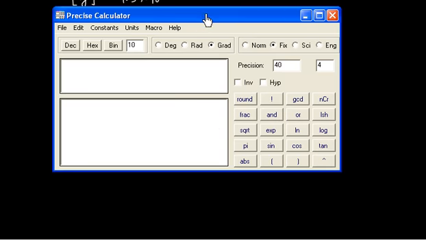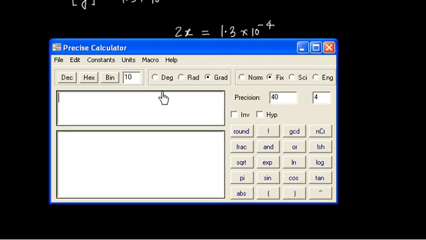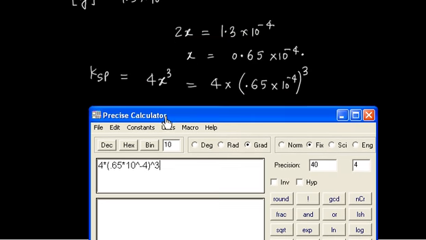So let us do this calculation. So 4 times 0.65 × 10^-4, and this raised to the power 3.